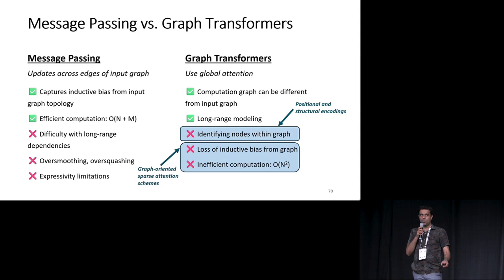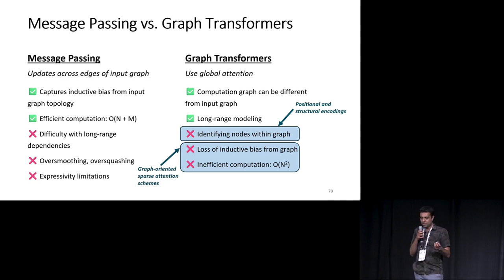Just to recap, we described graph neural nets based on message passing, and on the other hand, we described graph transformers. They have their various pros and cons. With message passing, you directly capture the inductive bias from the input graph topology. The computation is efficient because you're not constructing any dense computation graph.